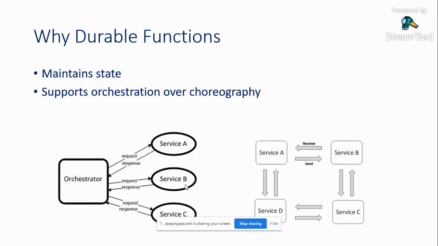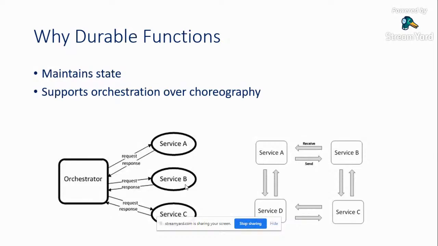We give the request, and until it gets back the result, this orchestrator function will be in an idle state. It will just be in a sleep state. It doesn't do anything. It gives the request to service A and waits till the response is back.